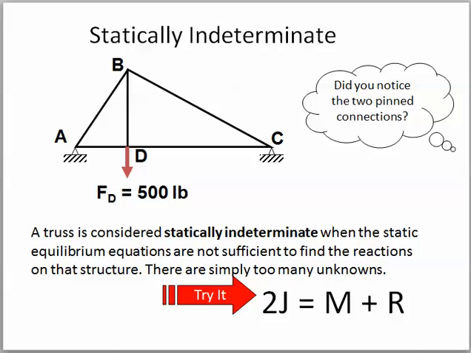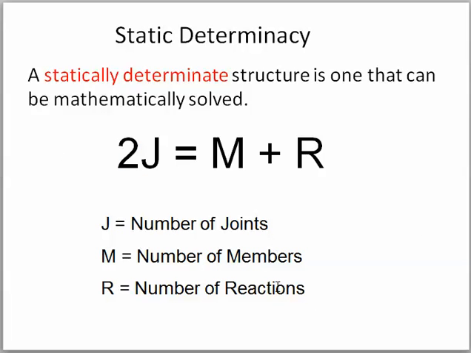A truss is considered statically indeterminate when the static equilibrium equations are not sufficient to find the reactions on that structure. There are simply too many unknowns. In this case, we have two pinned. J again stood for the number of joints, M is members, and R is reactions.